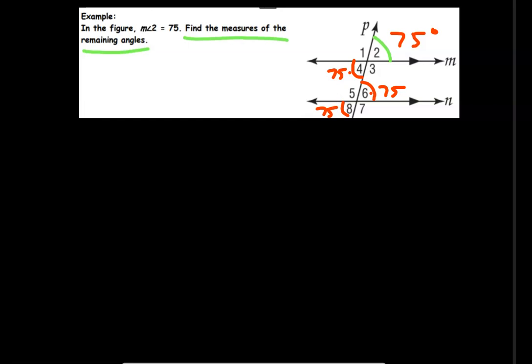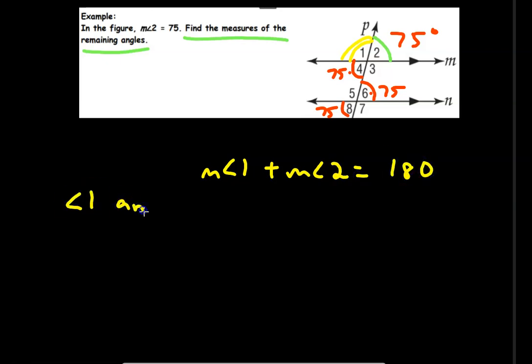Then from there, I can look at angle 1, and I know the measure of angle 1 plus the measure of angle 2 equals 180 because angle 1 and angle 2 are linear pairs.